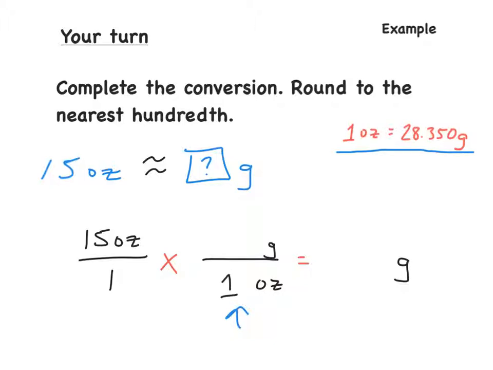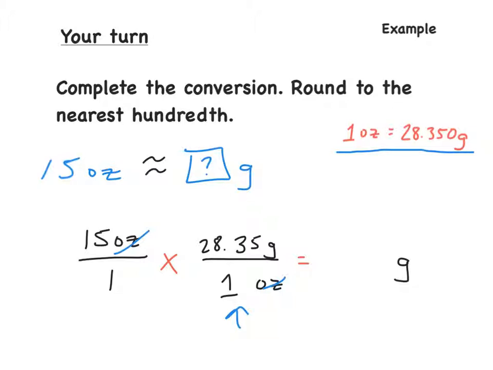1 ounce, 28.35 grams. Now the ounces cancel out. All we have left is grams. Now multiply from there.